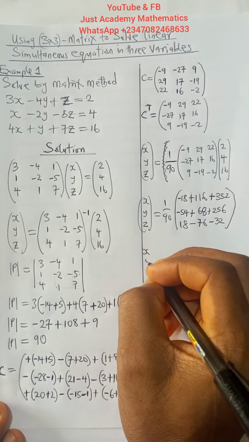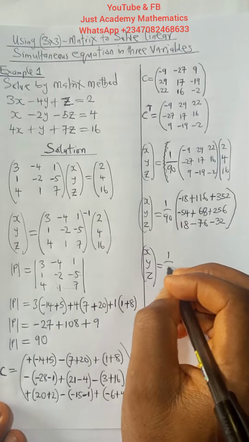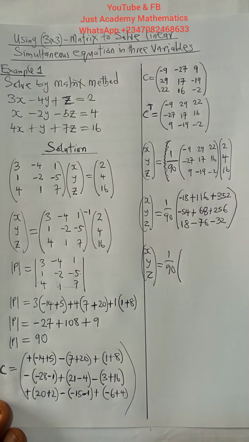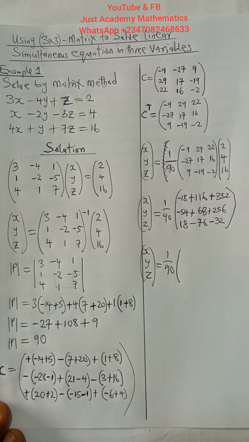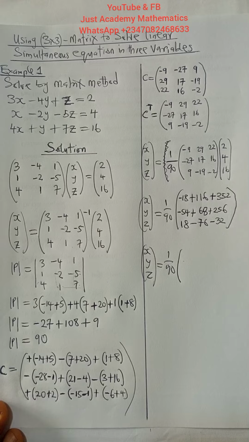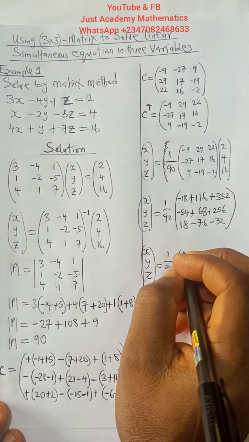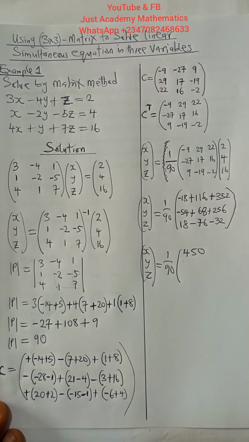We'll have that x, y, z is equals to 1 over 90 times what now? Let's add the first one. 352 plus 116 minus 18. So that row is 450. What about the second?